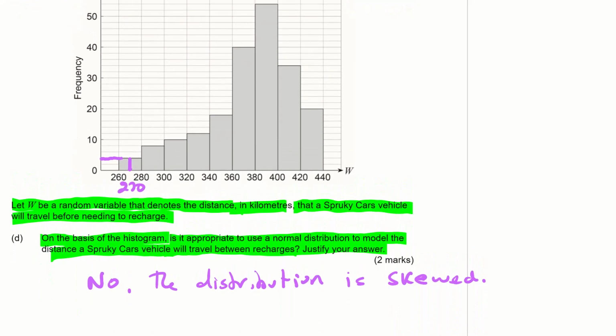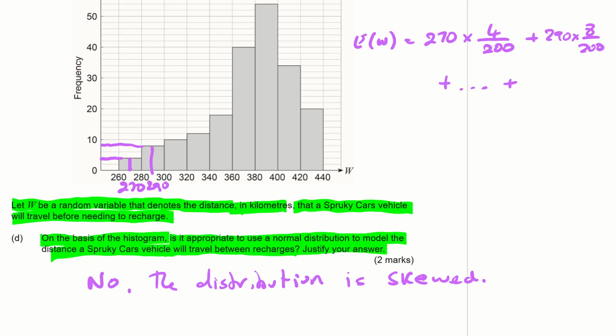So we are going to have the expectation of W is going to be 270 times 4 over 200. And then we're just going to go to the next interval where the midpoint is 290, and we can see that that is 8 over 200. So that would be 290 times 8 over 200. And then we're just going to carry on with that all the way across.